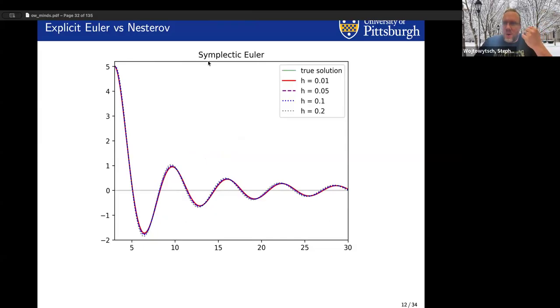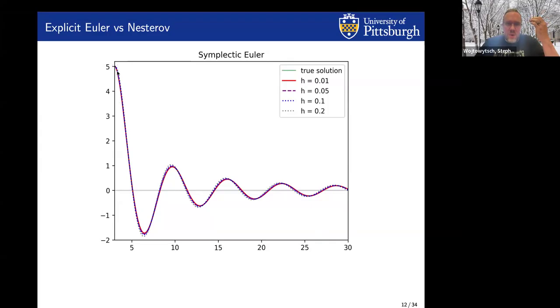This is what Polyak's heavy ball method does. I think this is just a quadratic function, and I've done the 3 over t friction. So we see we start here. On the x-axis, we've got time, t, and on the y-axis, we've got the, let's say, position. This is just a one-dimensional system.